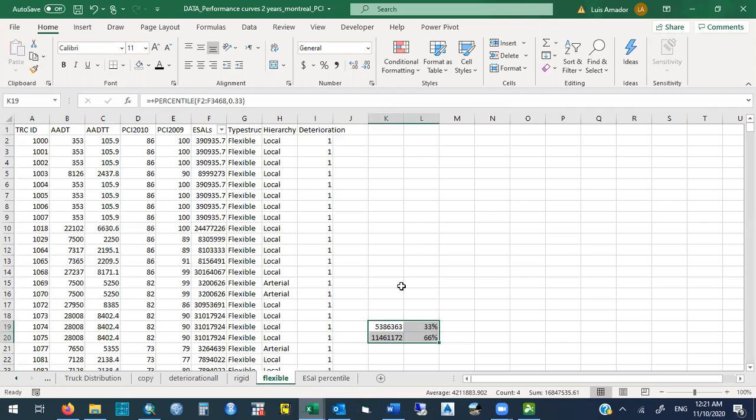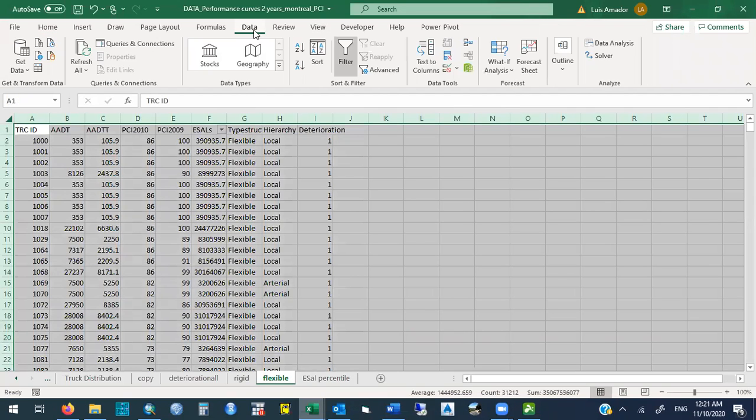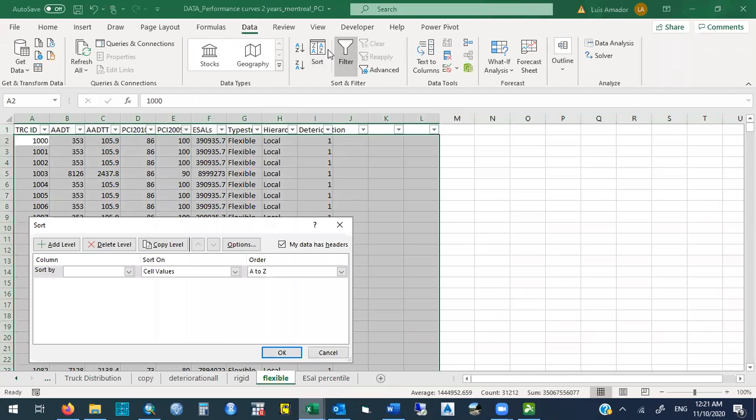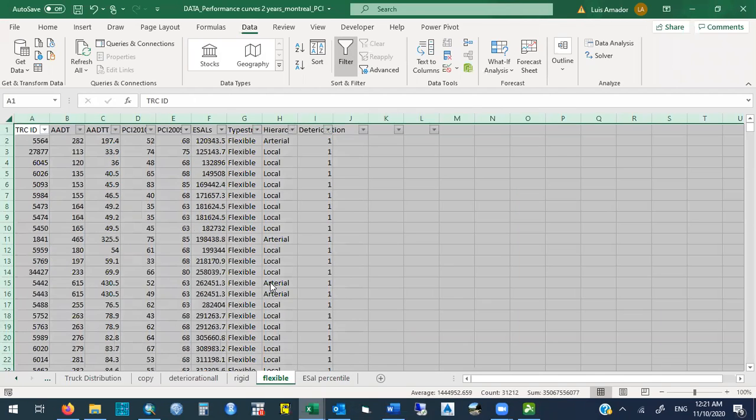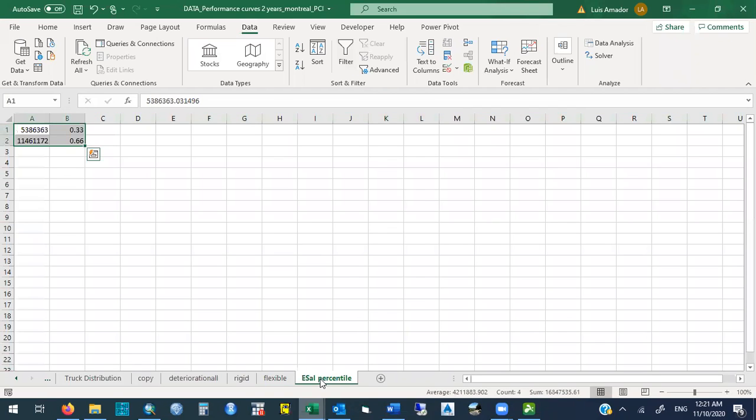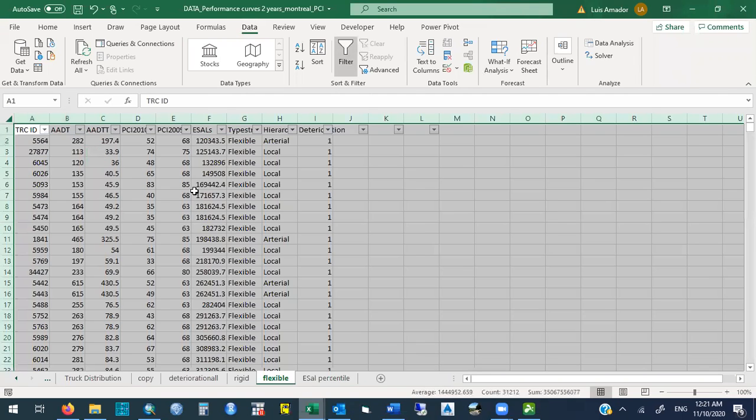Because I am going to sort this data. ESALs, smaller to largest. And I need to go up to 5,386,000. 5,386.